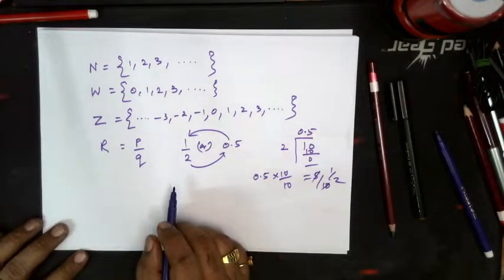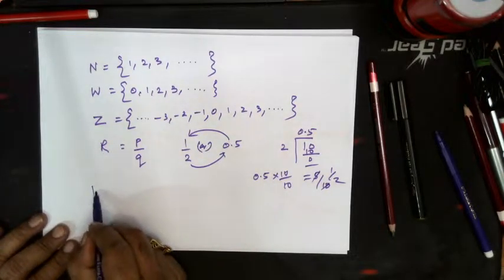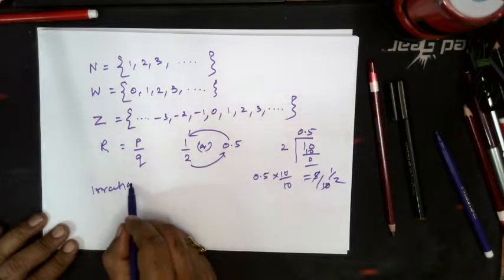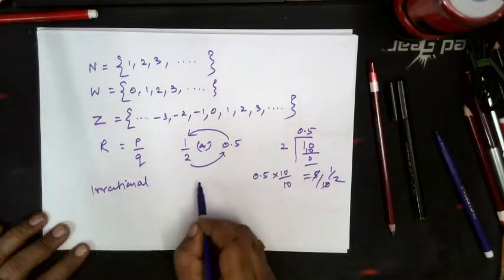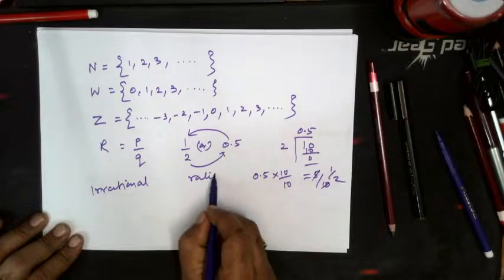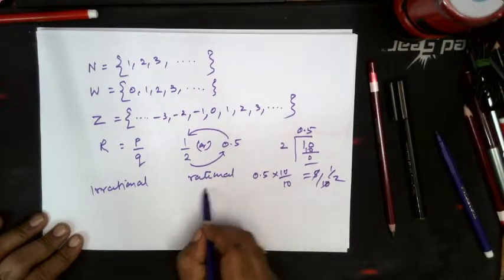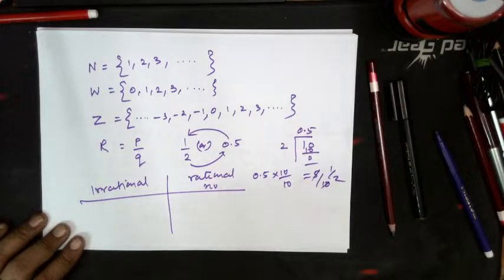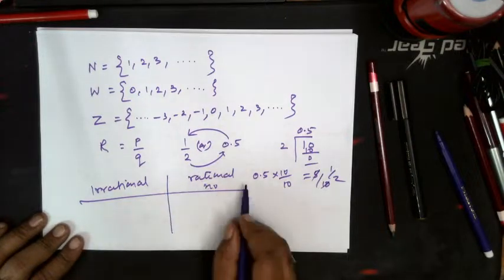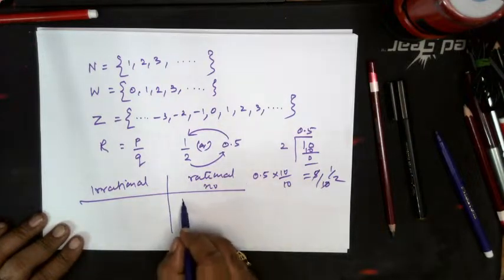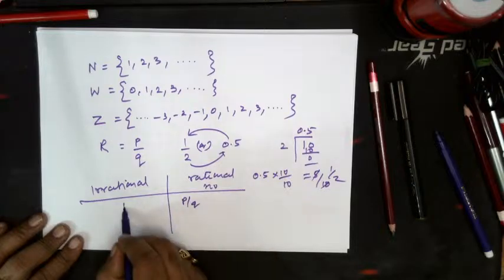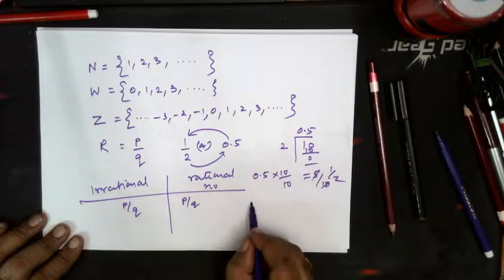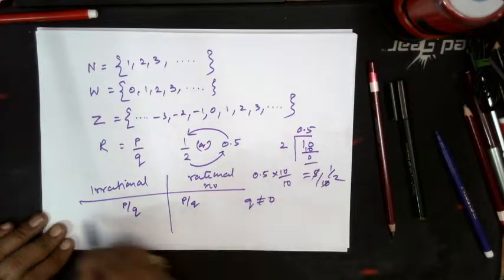And the irrational numbers, and the rational numbers. Let us have the classification or difference. The rational number, as I already mentioned, can be fractions P by Q, this is also represented as P by Q. In both cases, Q is not equal to 0.